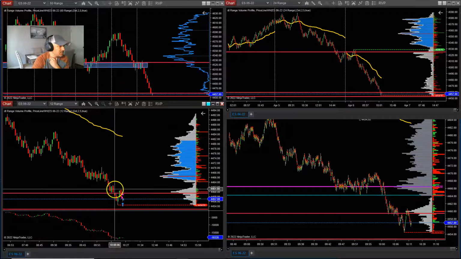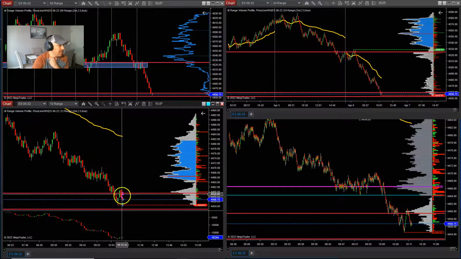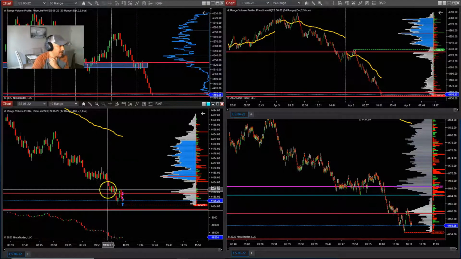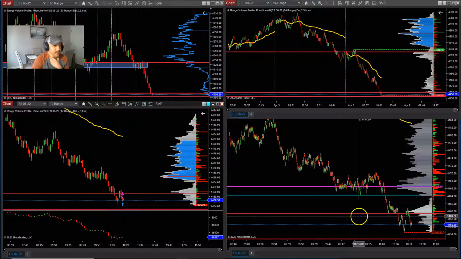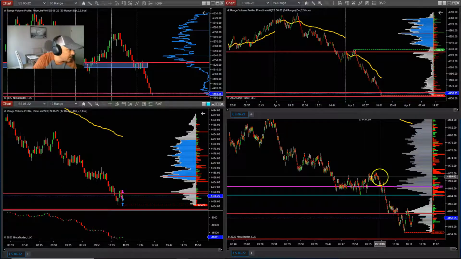So I took this short because we're breaking structure, we're making structure to the downside. On the pullback back to this area right here, I went short and picked up, let's see, today's the 6th, just 8 ticks right there.